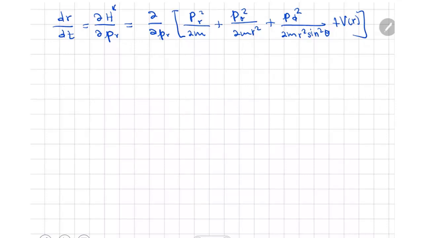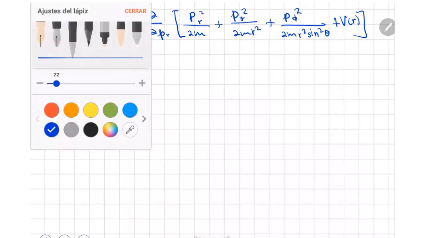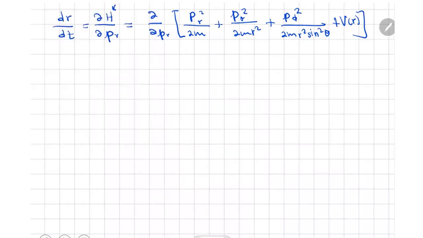We are going to differentiate with respect to p_r, so the terms which do not depend on p_r have a derivative of 0. This one is 0, and this one too, and this one as well.